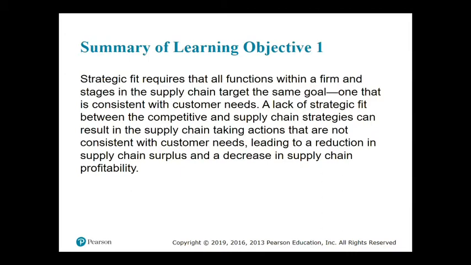And overall, the strategy within the supply chain and within each component of the supply chain should be consistent with the customer needs or what the company's competitive strategy specifies to be focusing on.